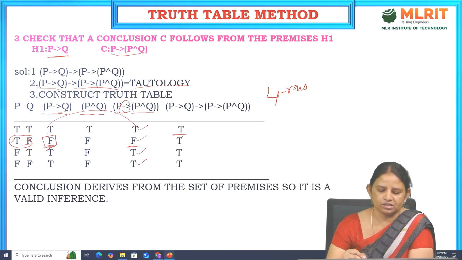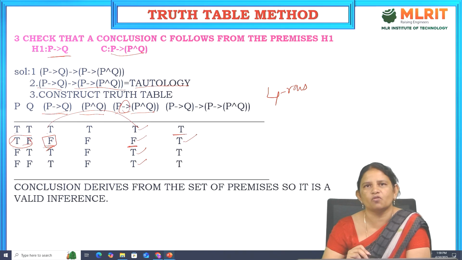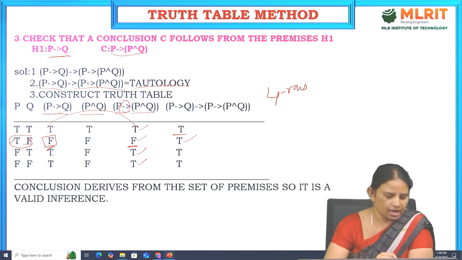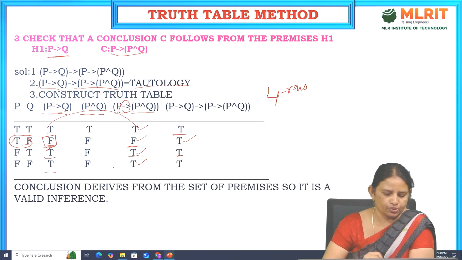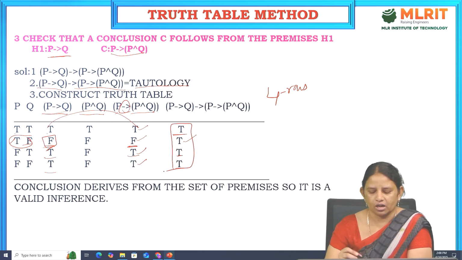Both are false, it returns true in the case of implication. That is true only. Next, true, true is true only. Next, true, true is true only. Observe the last column of the truth table. The last column of the truth table consists of all true values. The conclusion is a tautology.